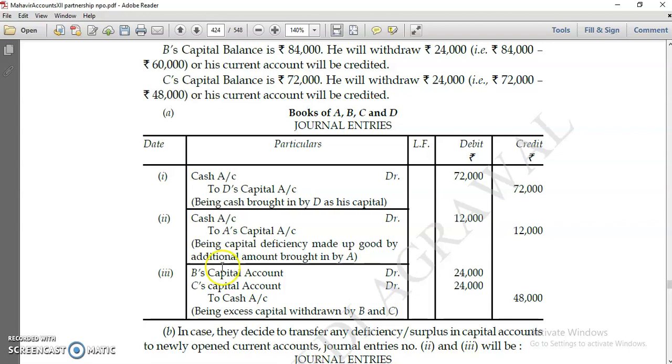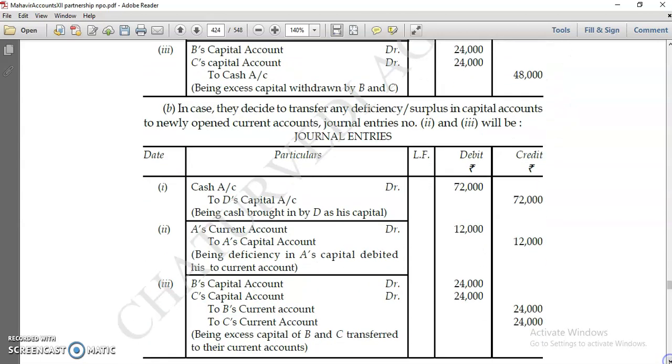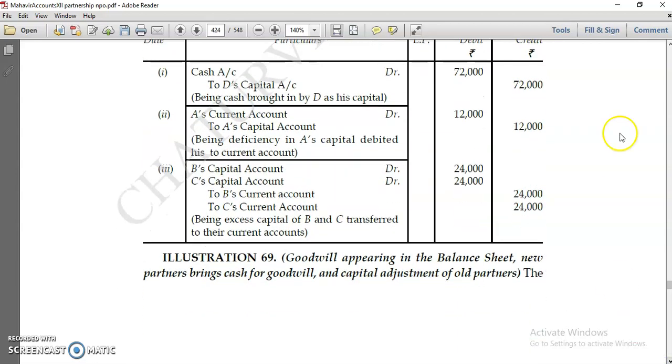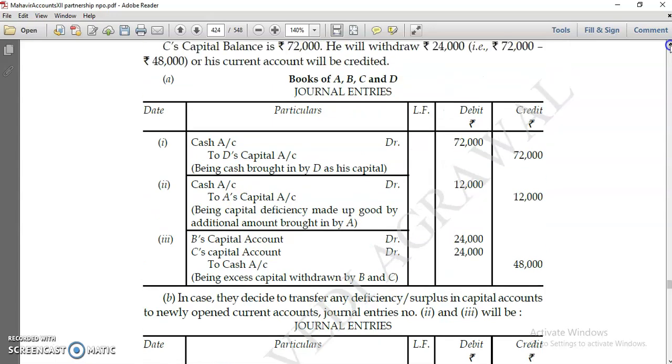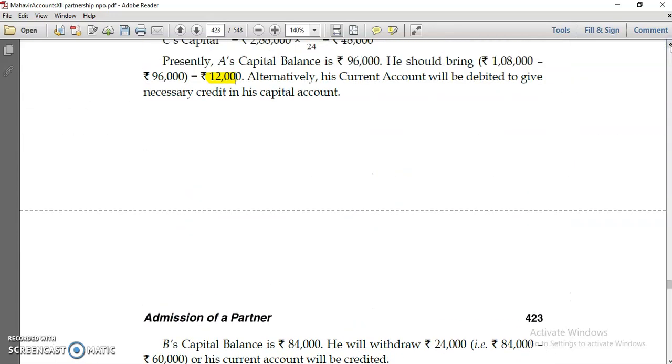This is called surplus, being excess capital withdrawn by B and C. I hope you understood. Now, if they ask you to pass the same entries regarding current accounts, you can pass the same into current account also. A's current to A's capital. So it depends on the specifics of the question. If the question asks for current, then you can pass into current, otherwise capital should be there.